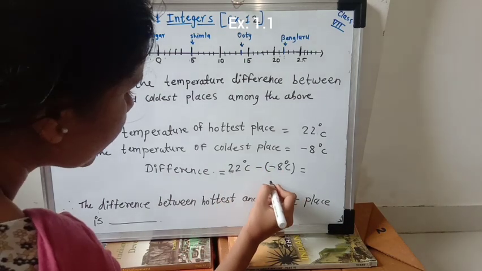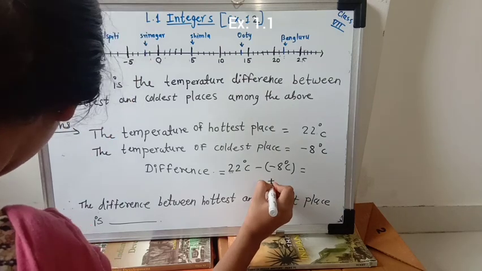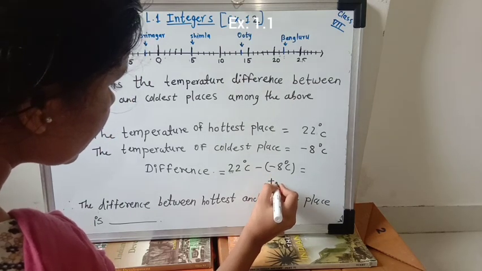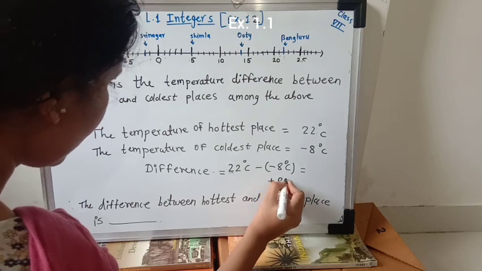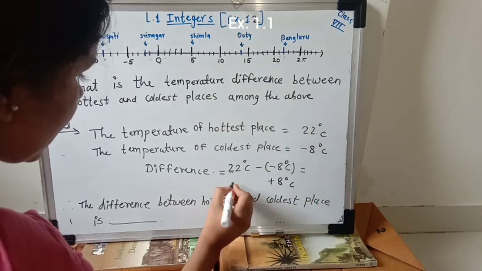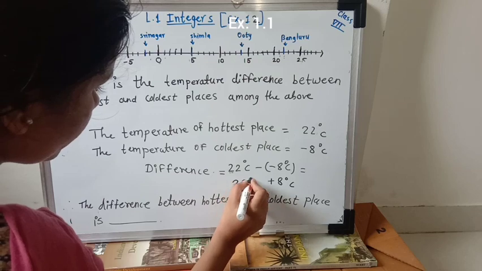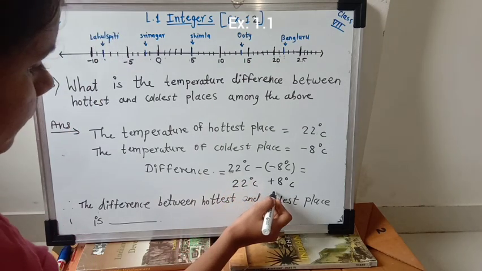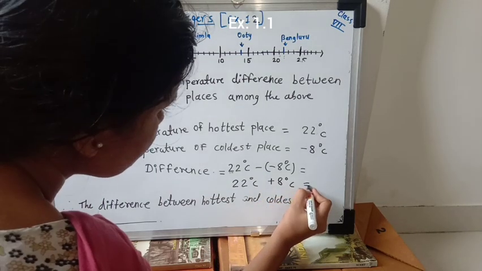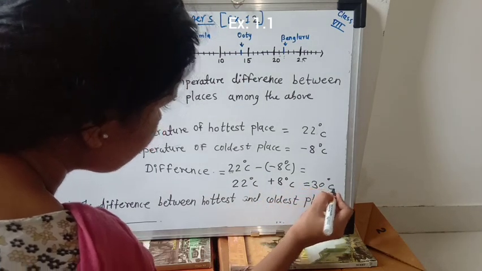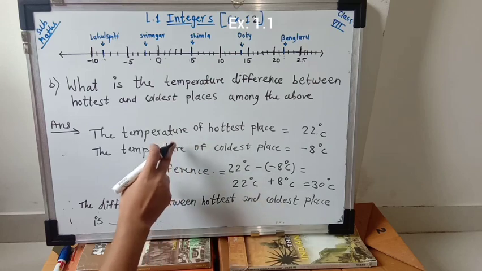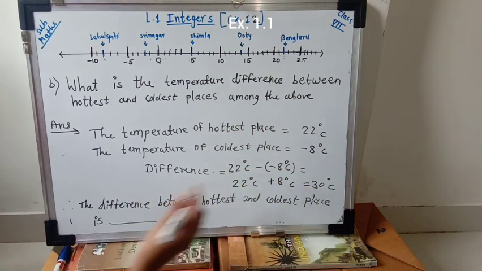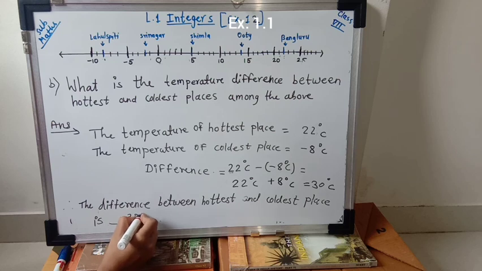So minus 8 degree Celsius becomes plus 8 degree Celsius, and take the 22 as it is. 22 degree Celsius plus 8 degree Celsius is equal to 30 degree Celsius. So the difference between the hottest place and the coldest place is 30 degree Celsius.